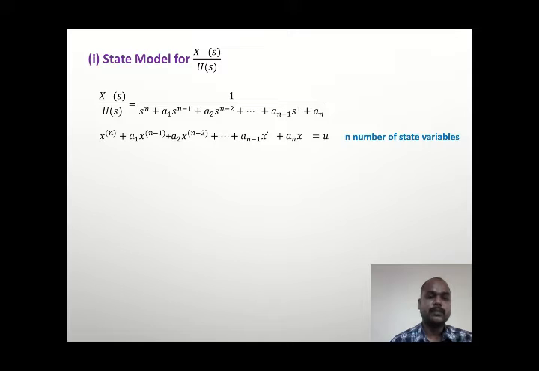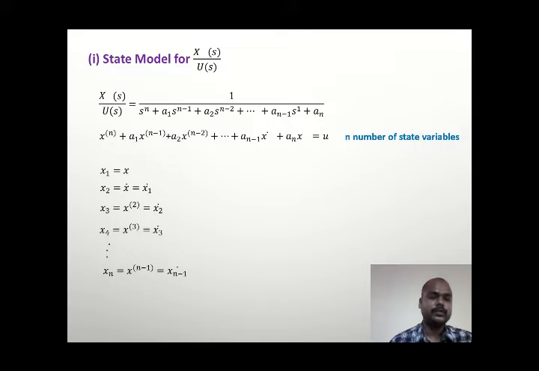Now we will separate these variables one after another. Here we can see we have taken state x1 as x, x2 as x dot. So what is x dot? x dot means x1 dot.